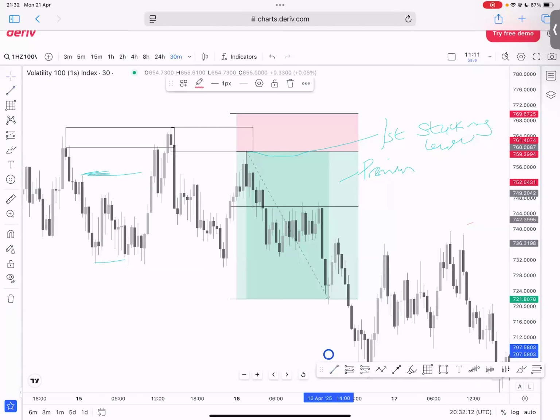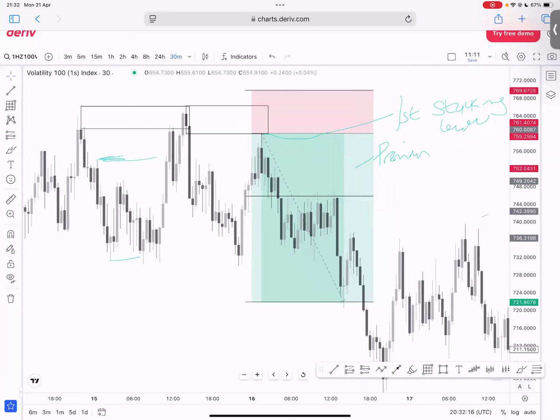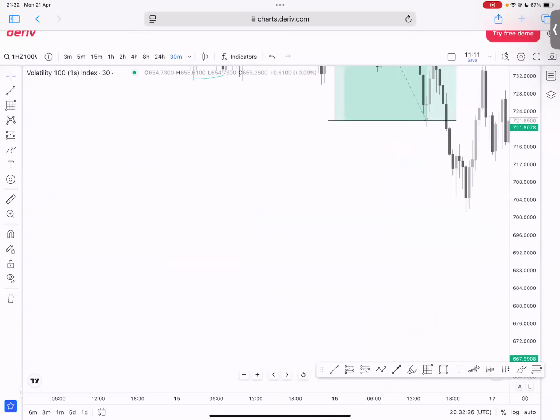Now let me tell you something. The number of trades that people open when they are stacking, there's no rule of, oh, this is what you do. Open it according to the lot sizes. For something like VIX 100, the minimum lot size is 0.5.